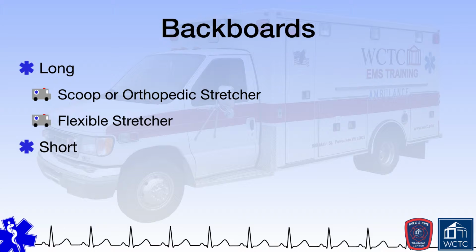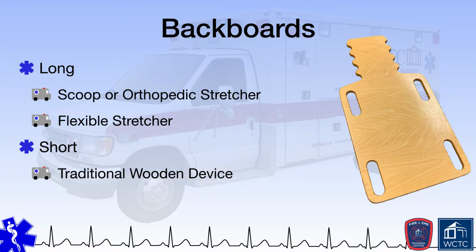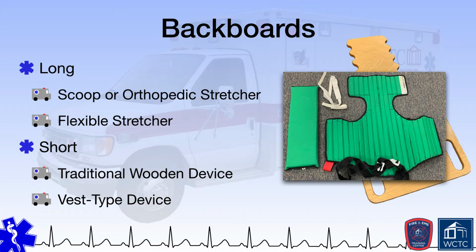Short backboards are about half the length of a long backboard, typically somewhere around 3 to 4 feet in length. Similar to long backboards, they are made out of wood, plastic, or composite. Over time, the short backboard has evolved to incorporate straps and other wraparound features to make them appear more like a vest that can be used for patient movement. The Kendrick extrication device is an example of a vest-type short backboard.